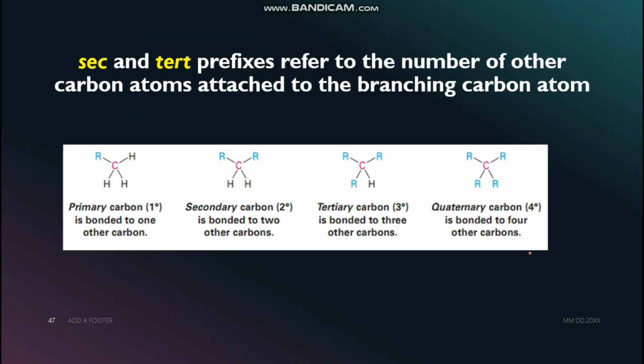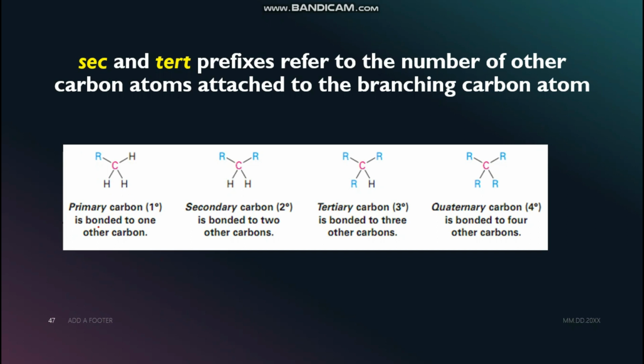So, sec and tert are prefixes that refer to the number of other carbon atoms attached to the branching carbon atom. So, these are the four possibilities. Okay, we have the primary, the secondary, the tertiary, and the quaternary. So we have the primary carbon, or the first degree.